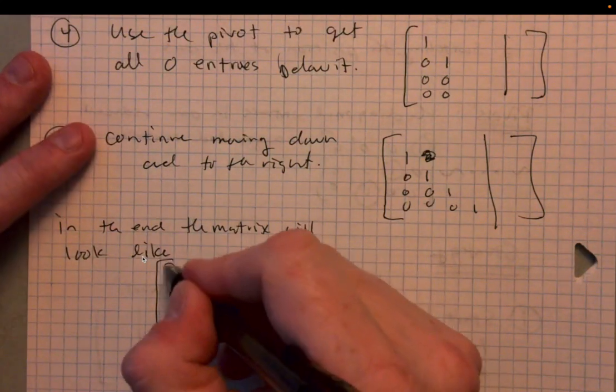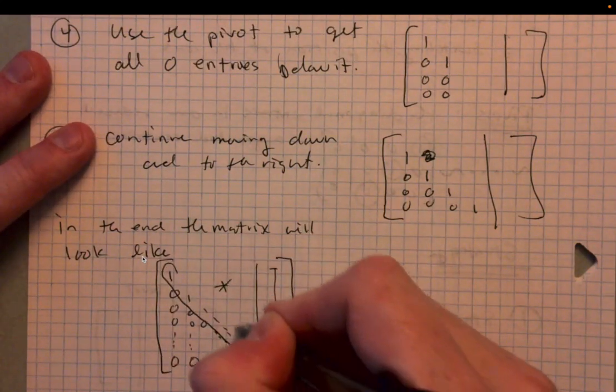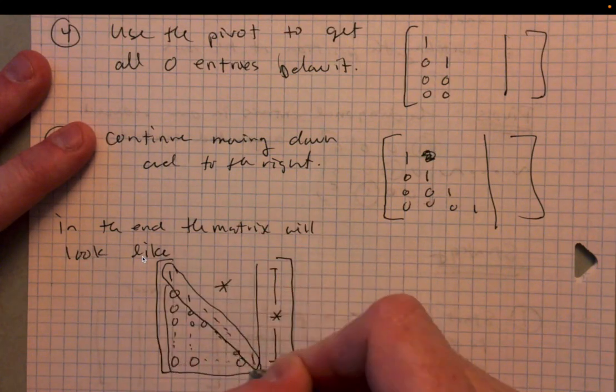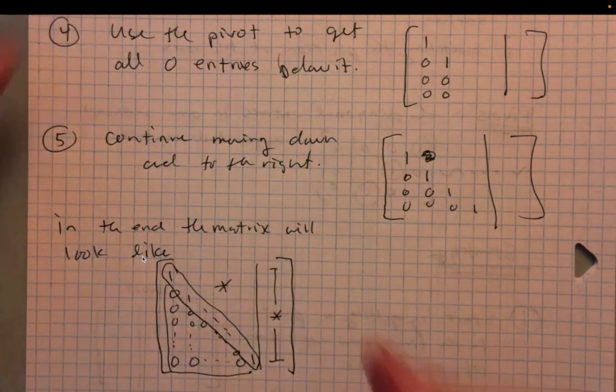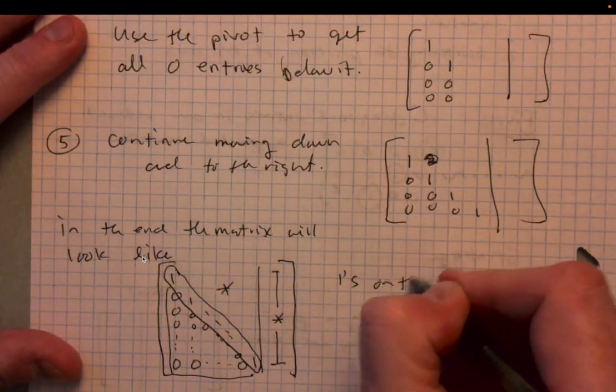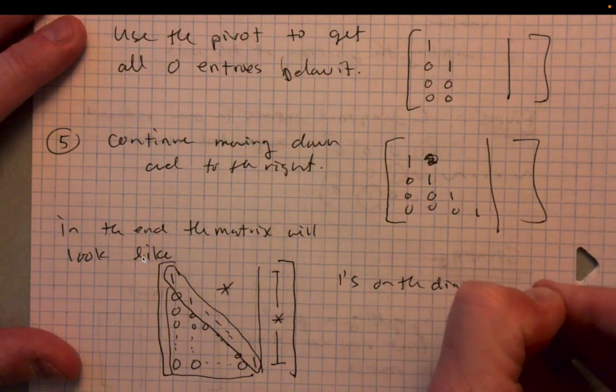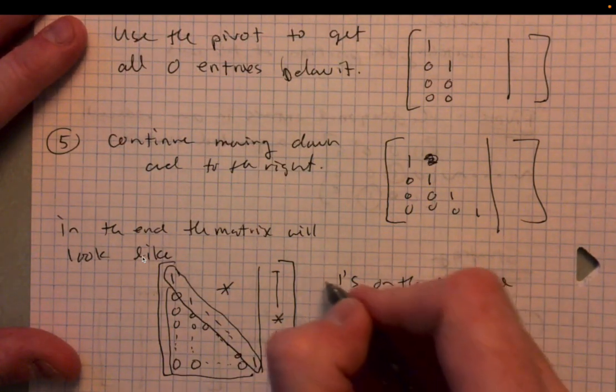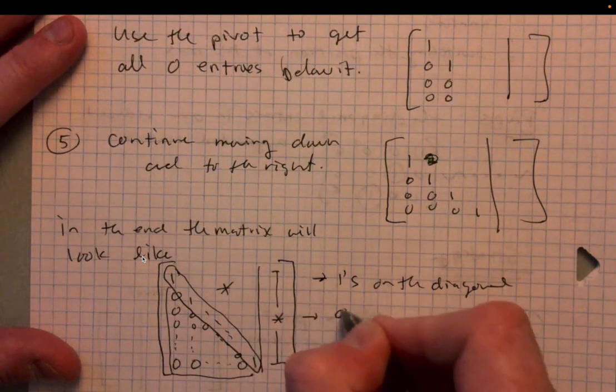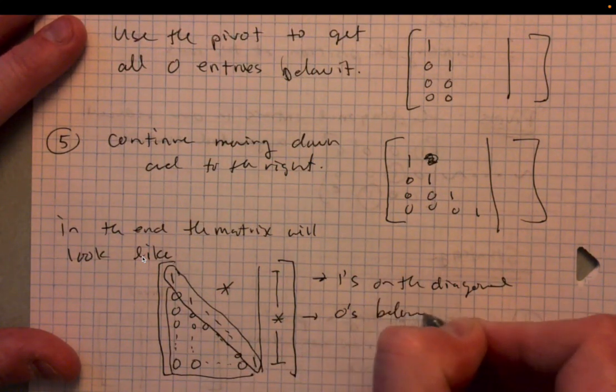So you're going to have ones on the diagonal, that's the key, and all zeros below the diagonal. Okay, ones on the diagonal, zeros below the diagonal.